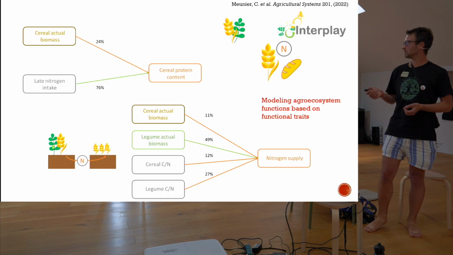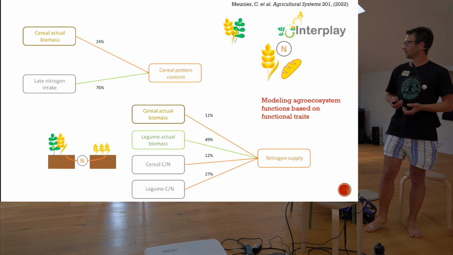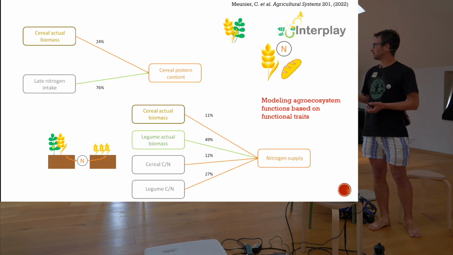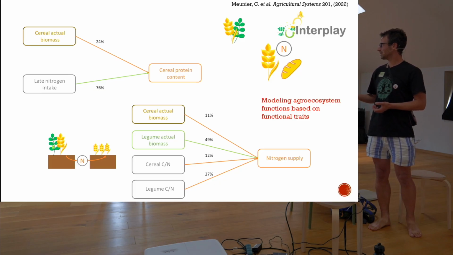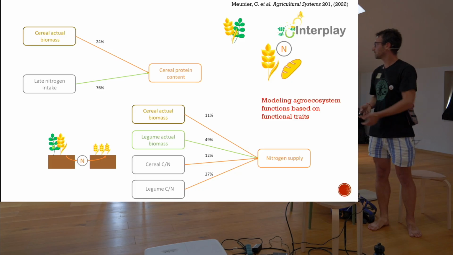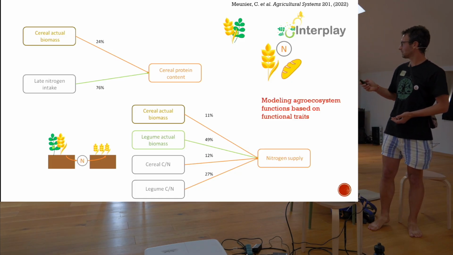It's really important that nitrogen is supplied at the later stage when the grain grows, and of course in a sustainable system you provide this later nitrogen supply by leguminous plants, and here we need to know the carbon to nitrogen ratio of your legume crop and also the biomass of this crop. So this very simple mechanistic model based on traits could help you to calculate nitrogen supply.